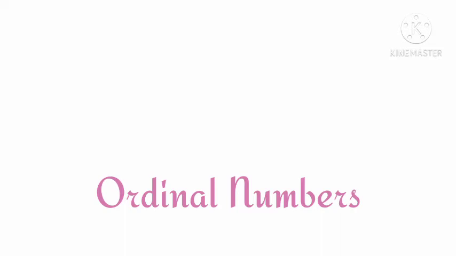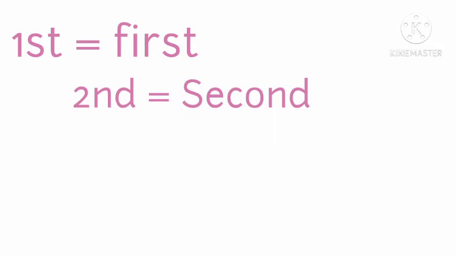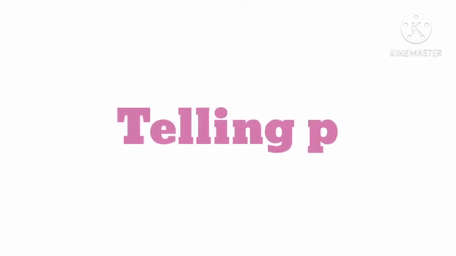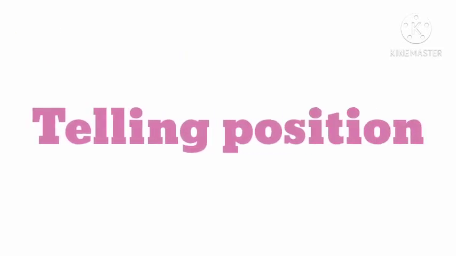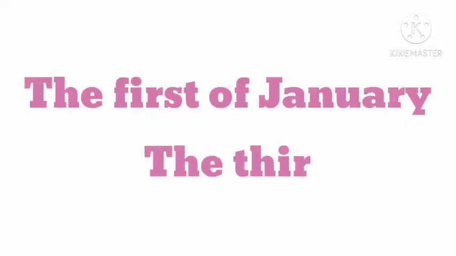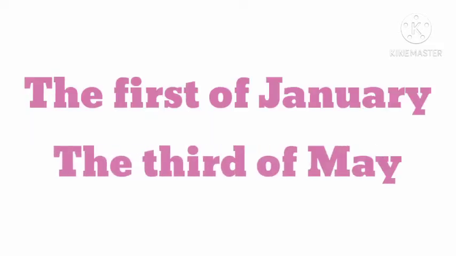Ordinal numbers are like the first, the second, the third, and so on. We usually use these ordinal numbers to explain the position of someone or something. So, for telling dates, we can say the 1st of January, the 3rd of May, the 22nd of August.